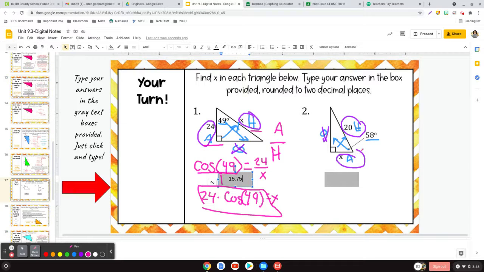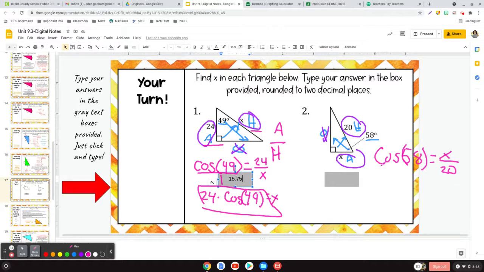Now, over here, we still have our adjacent and our hypotenuse, so we will use cosine as well. So the cosine of our angle, 58, equals our adjacent over hypotenuse. So our adjacent is x over 20.